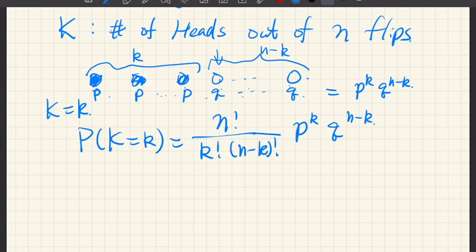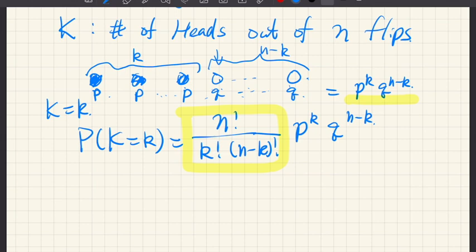Now, we can get k heads and n minus k tails in any order. So how many combinations are there? That is this combination, this many combinations. So we just multiply these occurrences with this probability, and we get this probability function.